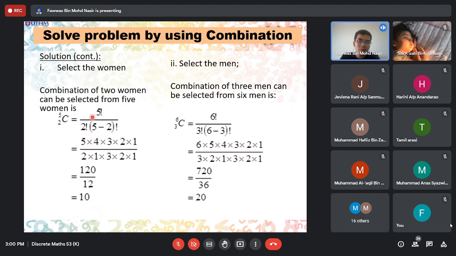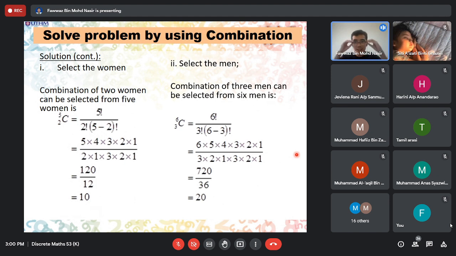Okay. So once you get the number of ways to select women and to select men, we must calculate the total ways untuk select all those people tadi.